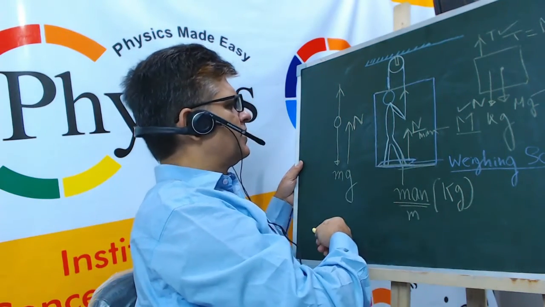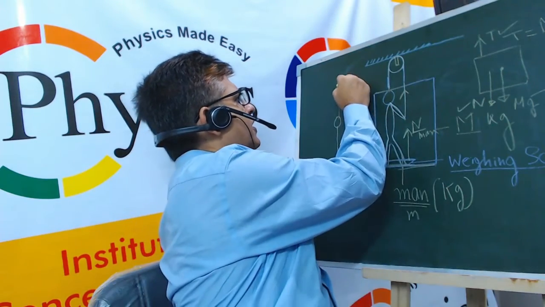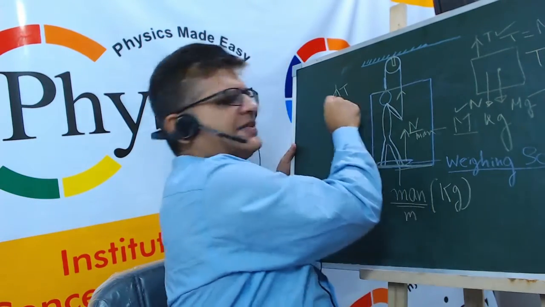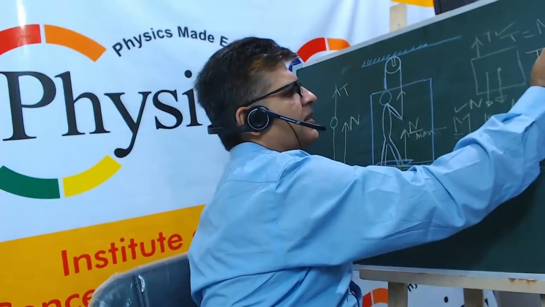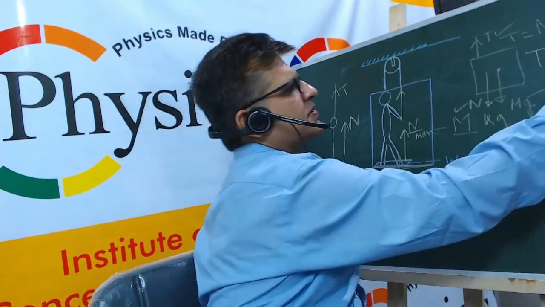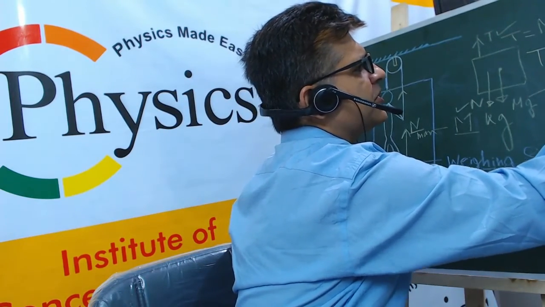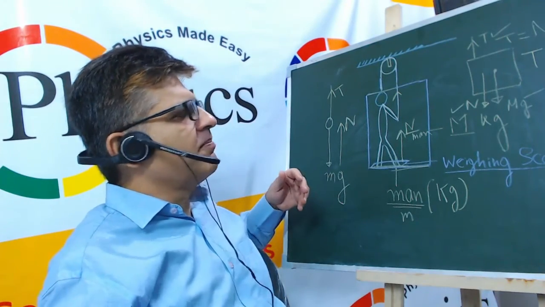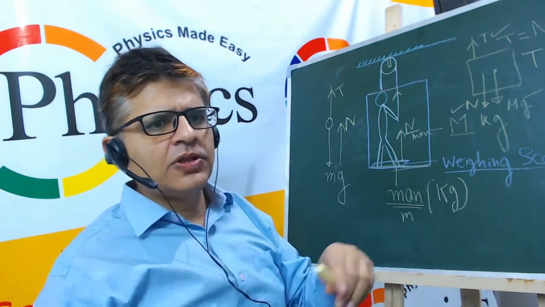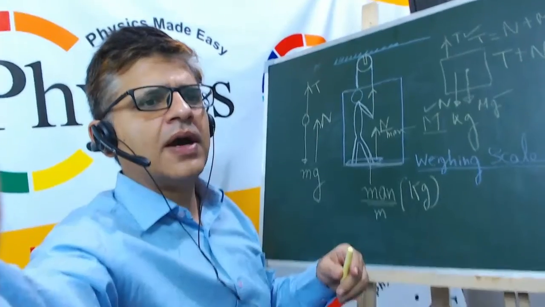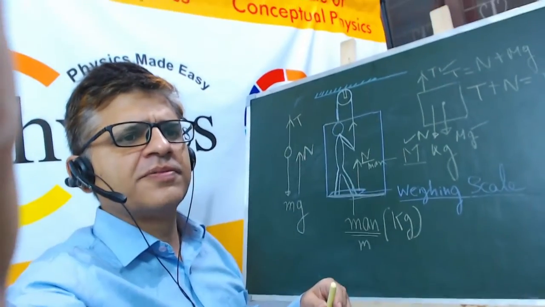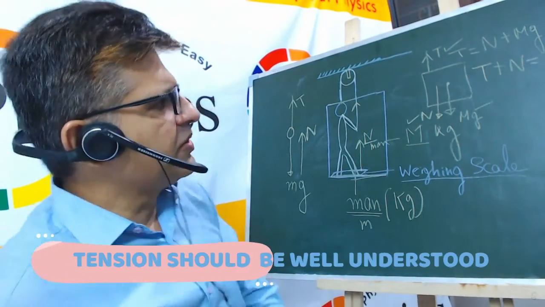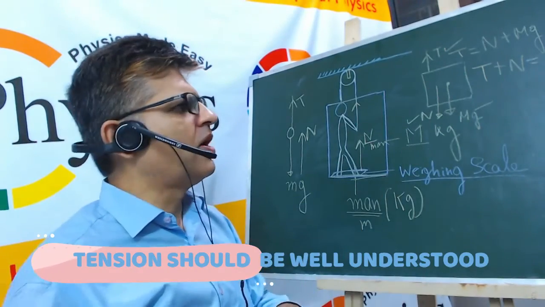So you can write that the tension in the upward direction plus the normal reaction is equal to mg. This is the equation for the man.